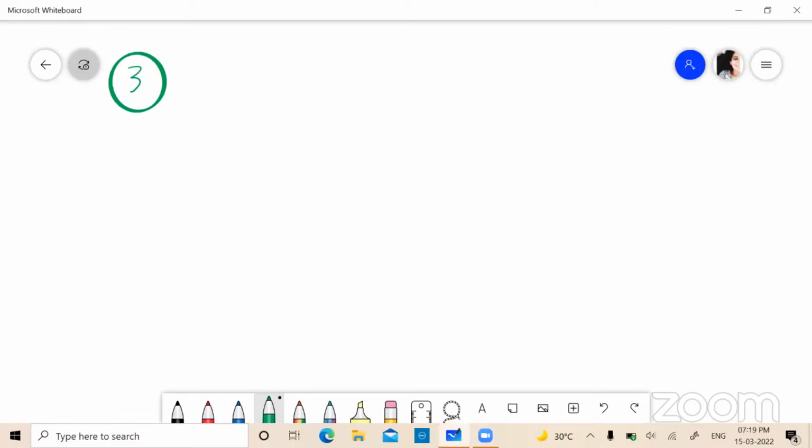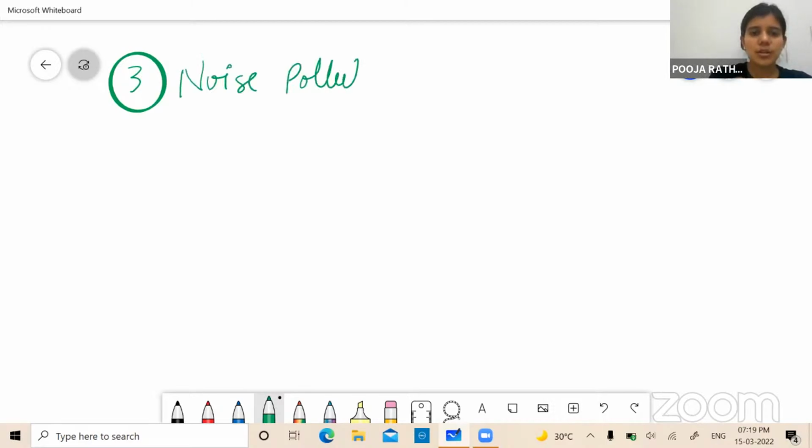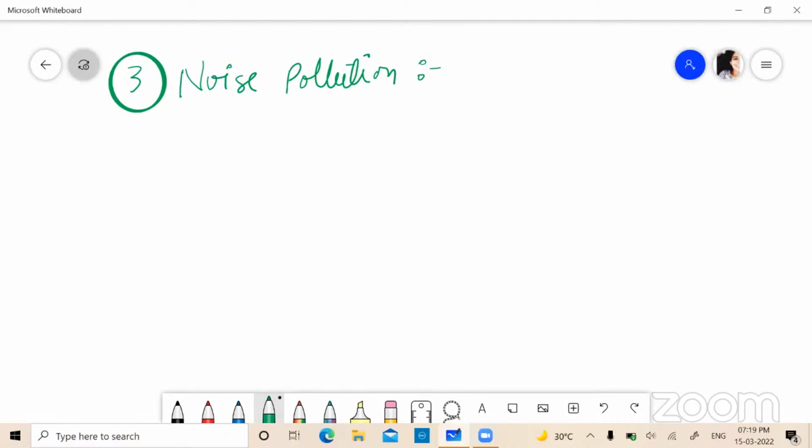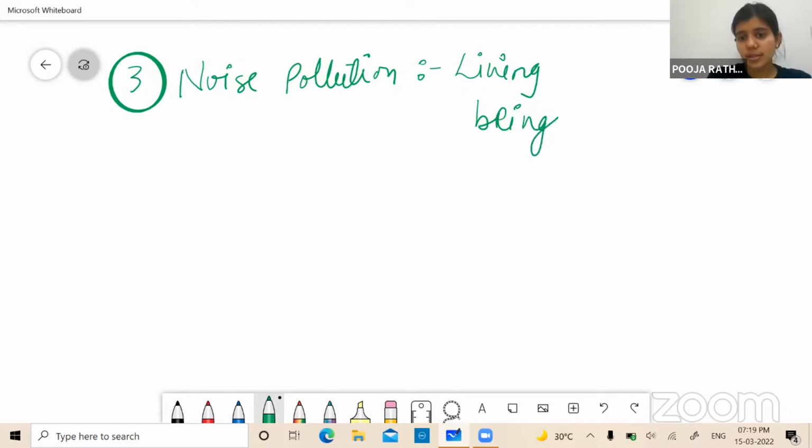Noise pollution. Yes, noise pollution. So noise pollution mainly harms what? Living beings. Yes. Mainly noise pollution harms the avians, those which live in the atmosphere, mainly the birds.